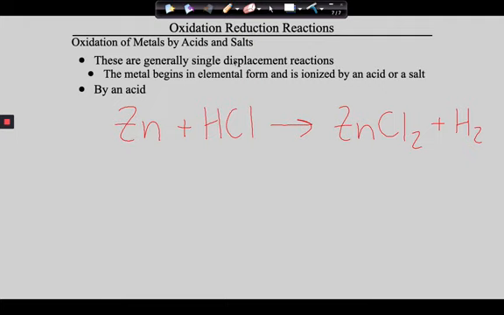Do this with me. What is the oxidation number of zinc? 0. It is in its elemental form. Does that now make more sense? Okay. Now let's look at HCl. Hydrogen is with a non-metal. So if hydrogen is with a non-metal, will it be positive or negative? Positive. So hydrogen is +1, chlorine is -1.